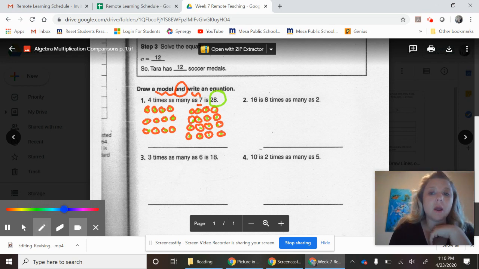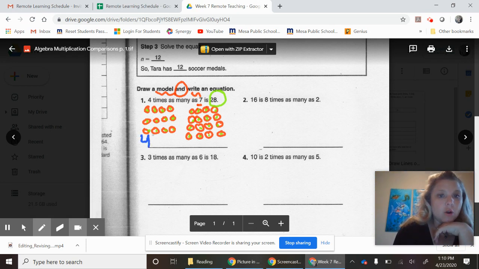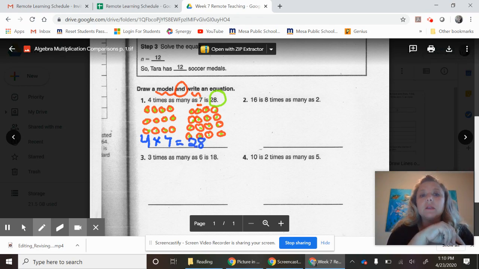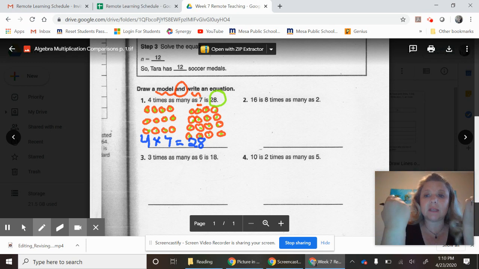Remember, equations are those number sentences. So I already know that I have 4. I know that times means multiplication. 7 means equals. And then what is it equaling? 28. So I'm not using any variables in this. I'm just writing a number sentence to represent what I'm trying to show.